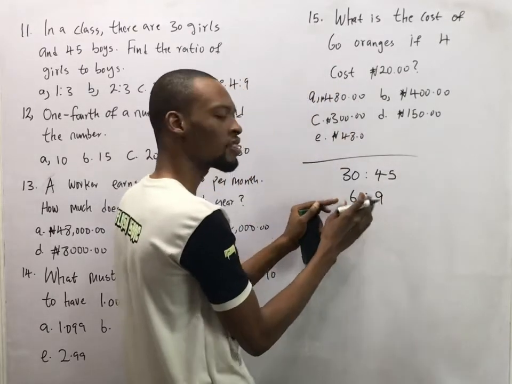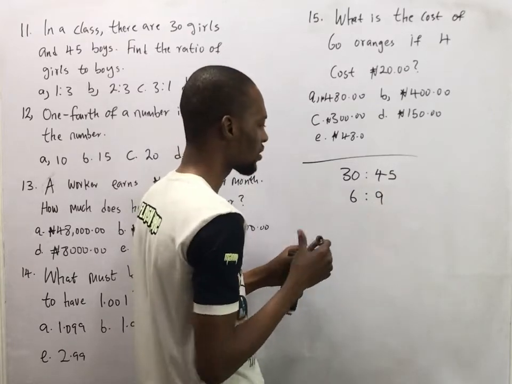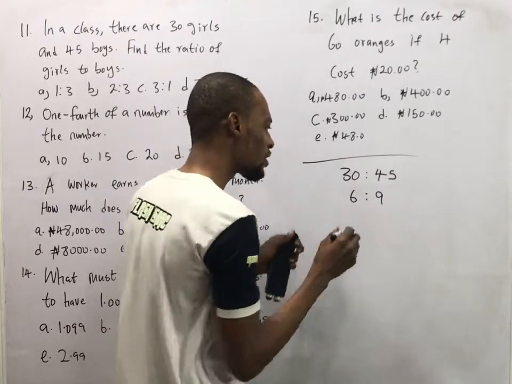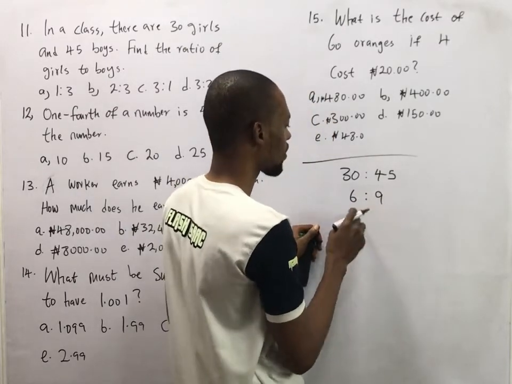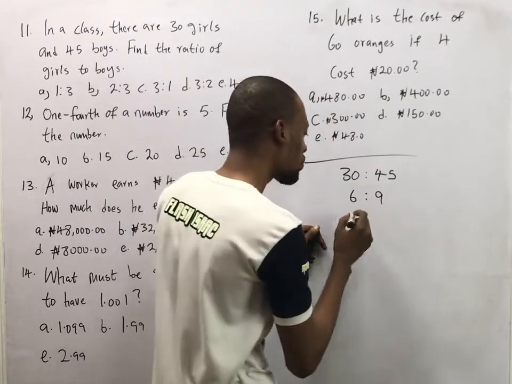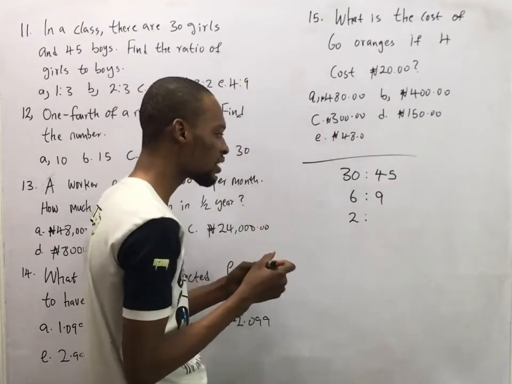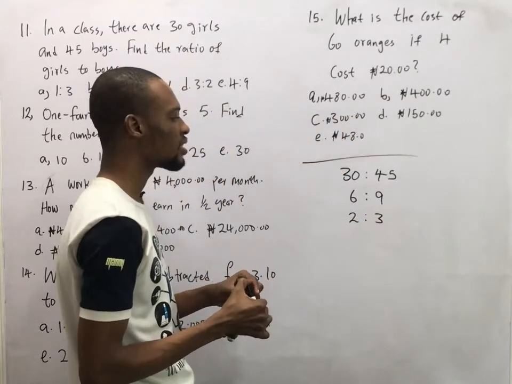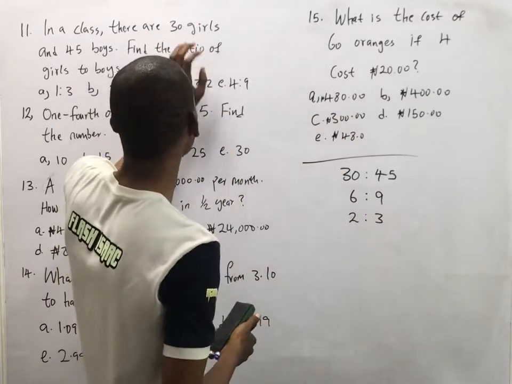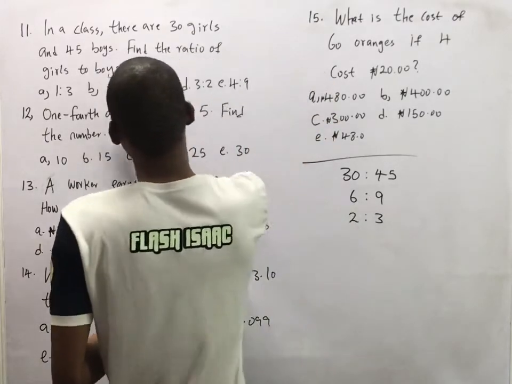So 6 ratio 9. We can still break down these numbers. 6 divided by 2 is 3, but 9 cannot divide by 2. 6 divided by 3 is 2, ratio 9 divided by 3 is 3. So what does that mean? This implies that the ratio of girls to boys is 2 ratio 3, and that is option B.